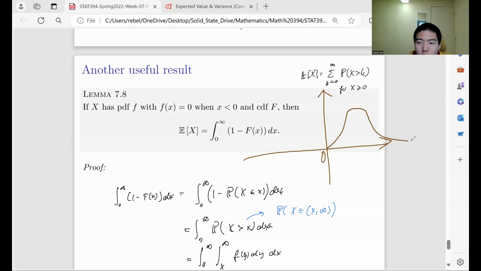So for x smaller than 0, f_X is always 0. So then it becomes 1 minus F_X, integrated from 0 to infinity.